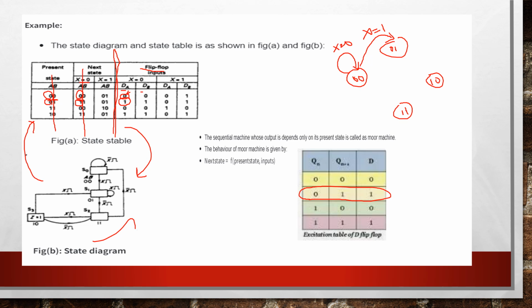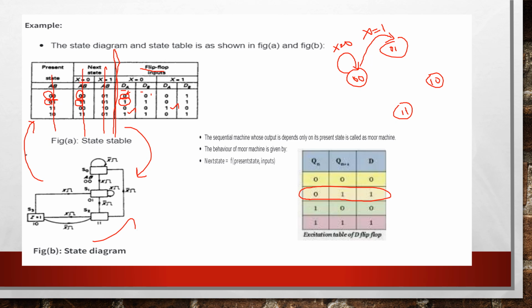This table of DA is filled with respect to x equal to 0, and for x equal to 1 we take the combination of present state and next state here and fill this. Likewise for DB, we take the B value in the present state and the B value when x equal to 0 in the next state, and fill the DB value here.